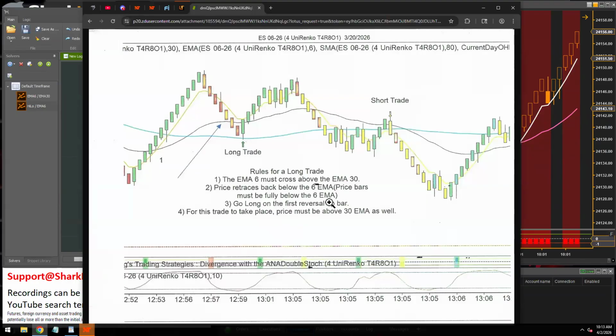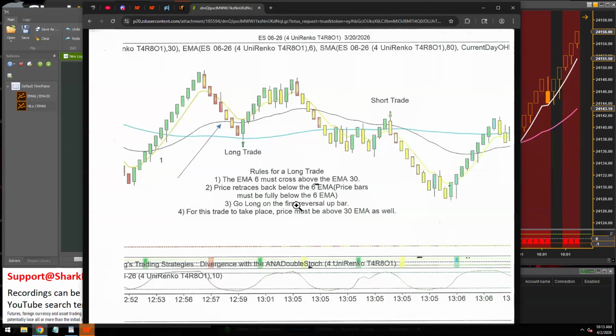So number 3 is actually the triggering condition, right? Every system has a key rule that actually fires off the signal, that triggers the signals. Everything else is basically filtering, looking at price and indicators and building some kind of filtering condition here.